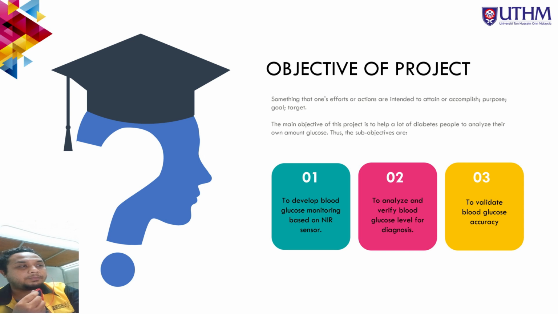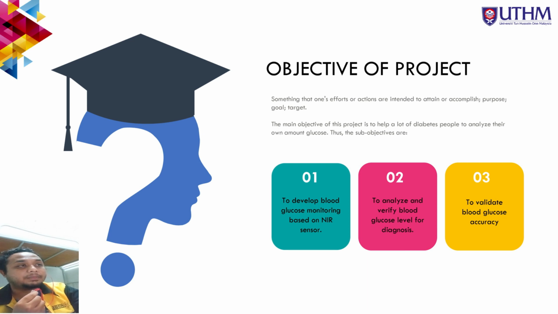Second is to analyze and verify blood glucose level for diagnosis, which means I already tested it using a glucose meter at a healthcare center, and I have proof that my project has synchronized results.